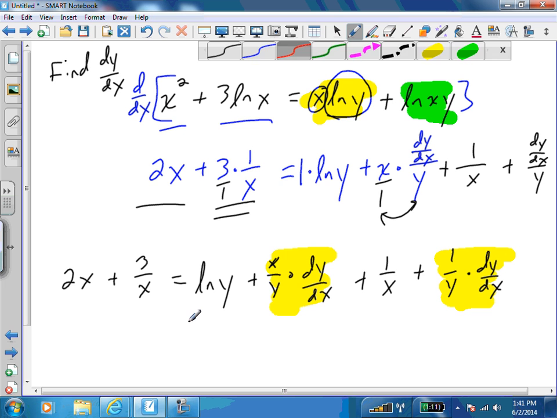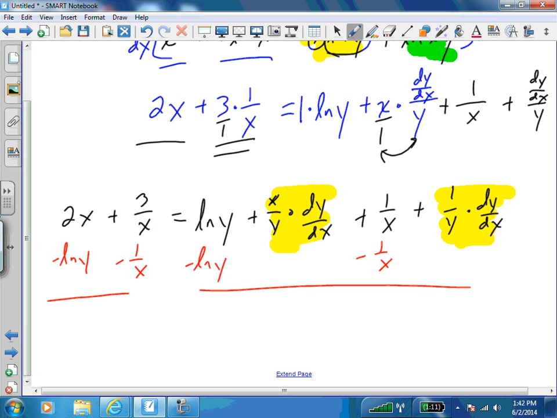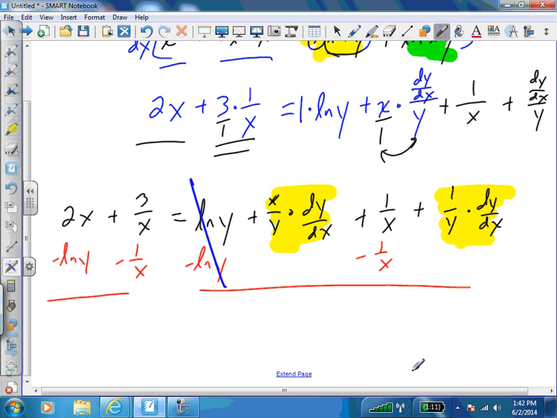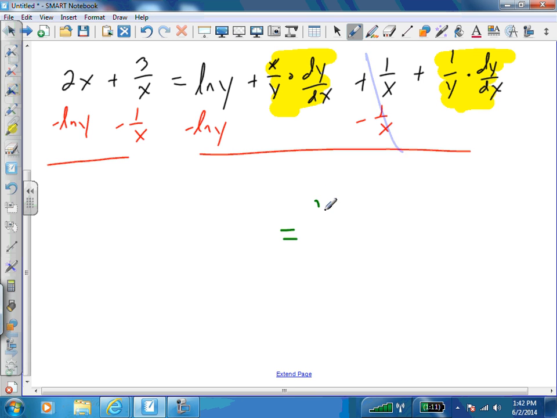So that means we want to take natural log of y away from both sides. Take 1 over x away from both sides. So on the right side, natural log y's cancel, 1 over x's cancel, leaving x over y times dy over dx plus 1 over y times dy over dx.